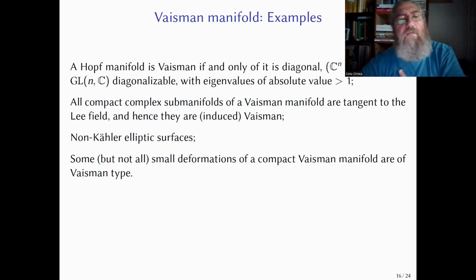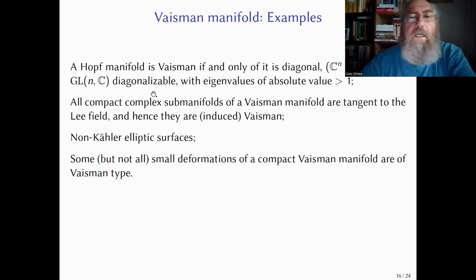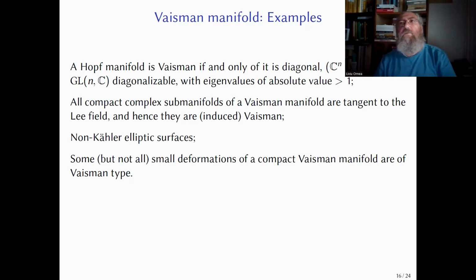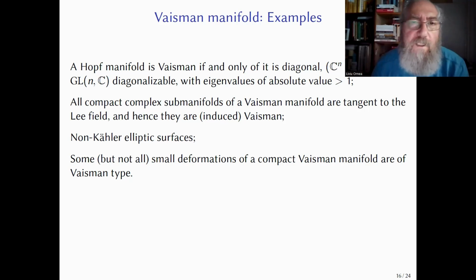Examples of Vaisman manifolds are the diagonal Hopf manifolds. These were the first examples. Vaisman introduced these manifolds as generalized Hopf, but the name was already in use in algebraic geometry, so we changed it, gave his name.